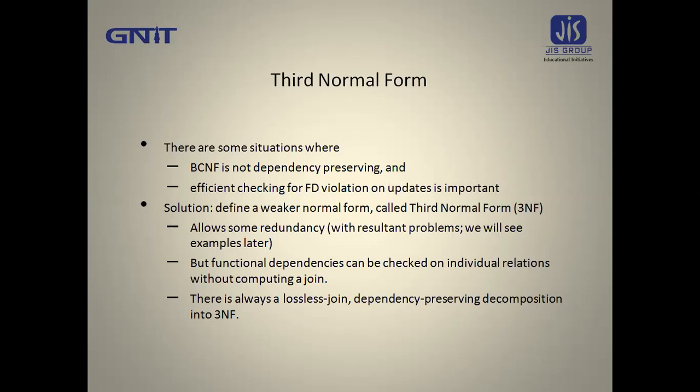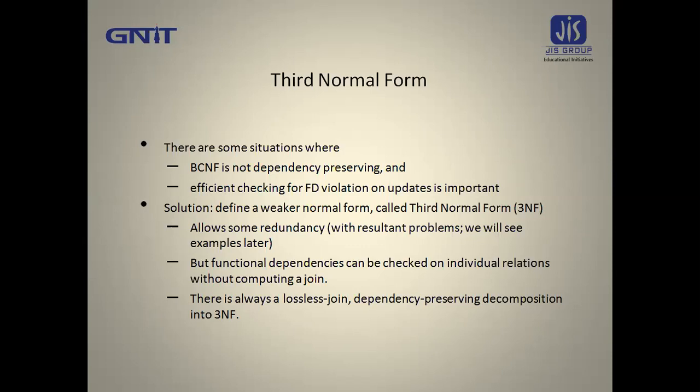That is, while doing the updates, we need to check for functional dependency violation. The solution is to define a weaker normal form, a normal form which has less stringent rules, called third normal form. Now this allows some redundancy, with resultant problems, we will see some examples. But functional dependencies can be checked on individual relations without computing a join.